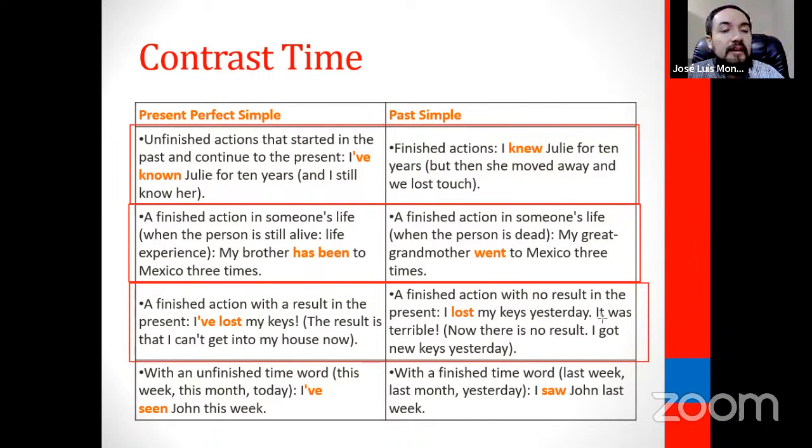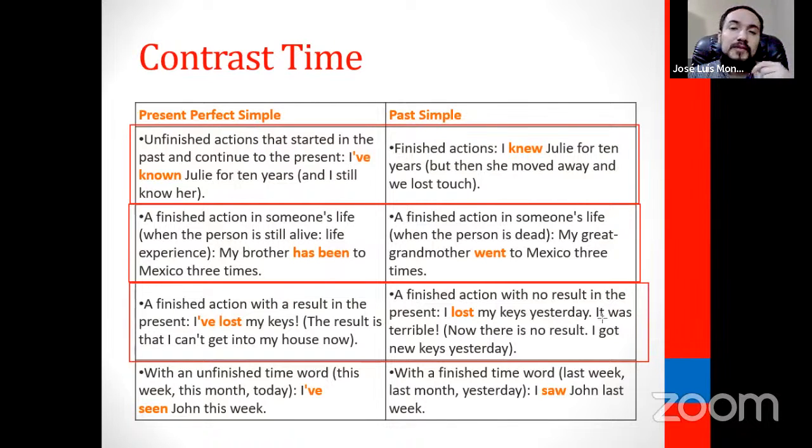So, I've lost my keys. The result is that I can't get into my house now. I've lost my keys. That happened, that finished, right? You lost them. But present perfect, because why? We can see the result in the present of that action.